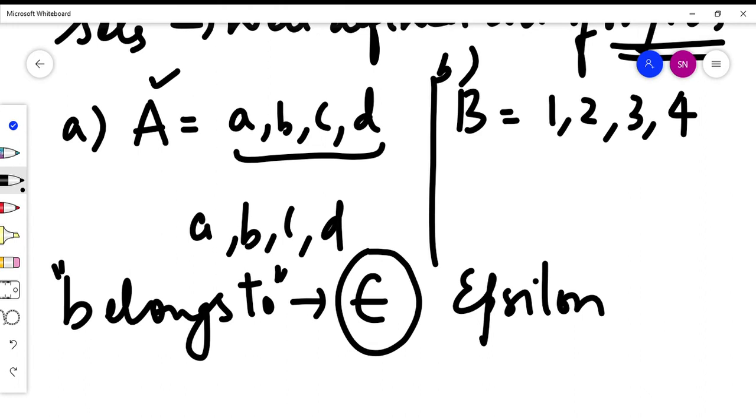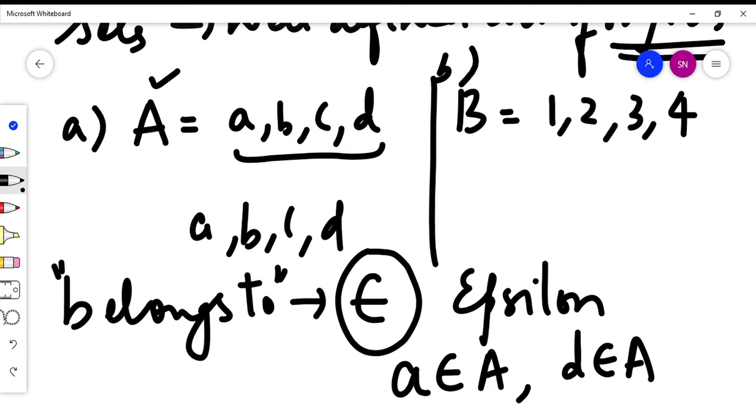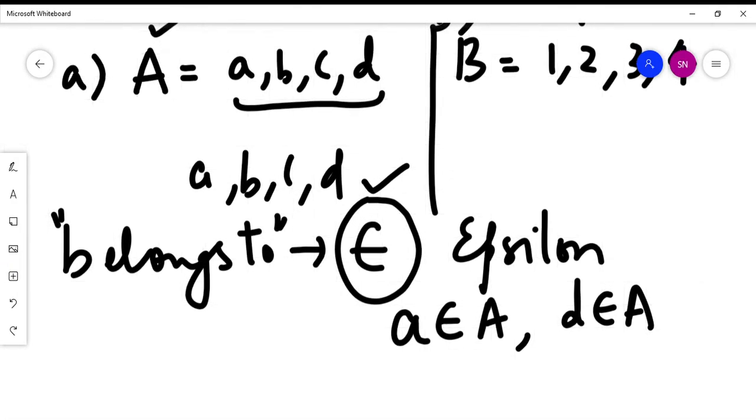So in my first example, if element a belongs to set A, I will write this as small a belonging to set A. Similarly, if I would like to say element d belongs to set A. If there is any element which belongs to that particular set, you will use this symbol, epsilon, which tells us that the element belongs to that set.